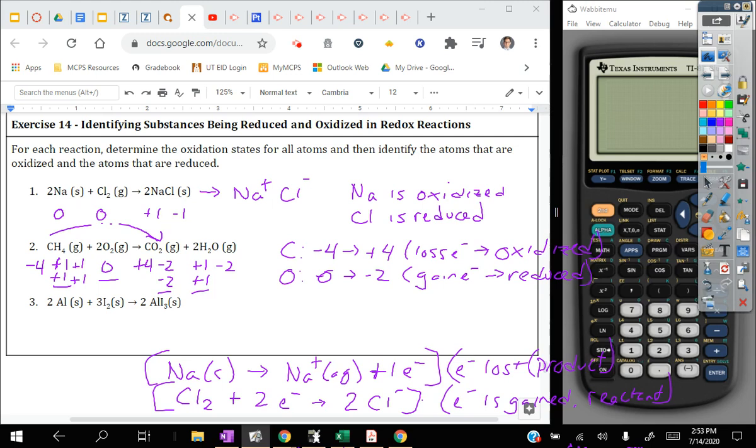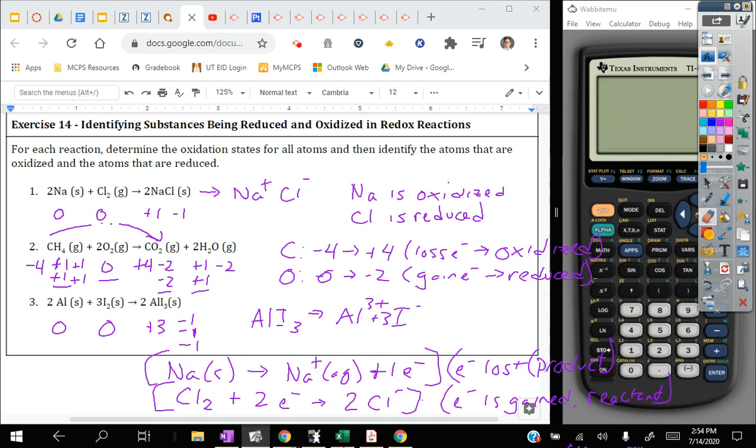Let's do one more, and then we'll try some on our own. Elemental aluminum is 0. Elemental iodine is 0. Here, I end up with a +3 for aluminum, and each iodine is a -1 because it's a halogen. You just have to look at it in terms of charges. AlI3 would split up into Al3+ and 3 I-.